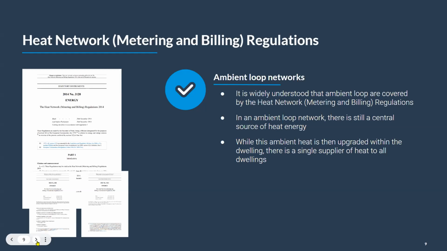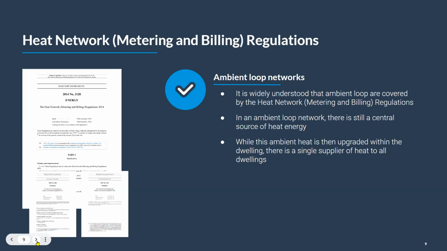So we've just outlined that the confusion as to whether ambient loop heat networks are covered relates to the fact that the dwelling contains an individual heat pump. But when you look into it, the crucial point to note here is that in an ambient loop network, there is still a central source of heat energy. Yes, that plant room doesn't heat water to the same temperatures as a 4th generation heat network, but the ambient loop network does provide a shared source of heat energy for multiple users.